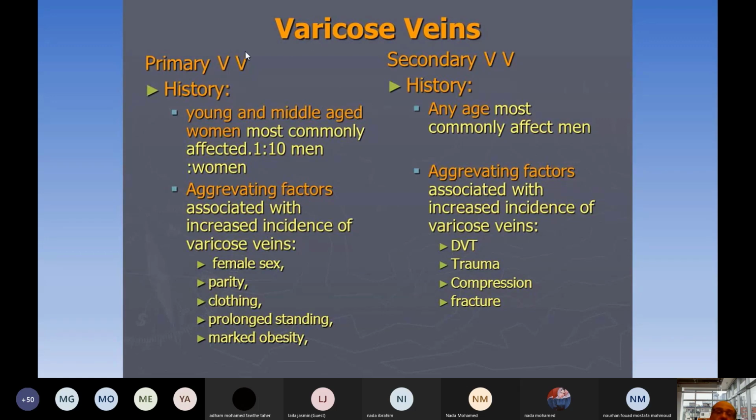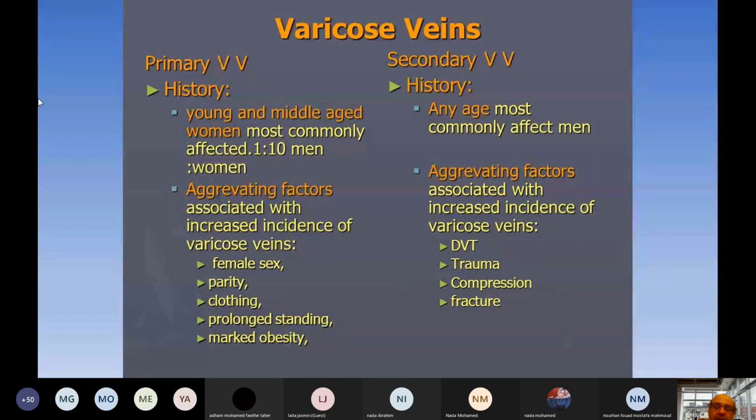This is very important because in the clinical exam, we have two forms of patient with venous problem. I have a patient with primary varicose vein, and I have another patient with secondary varicose vein. I can differentiate between both according to the history. Age is not very important, but we said that those with primary varicose vein tend to be younger than those with secondary varicose veins.